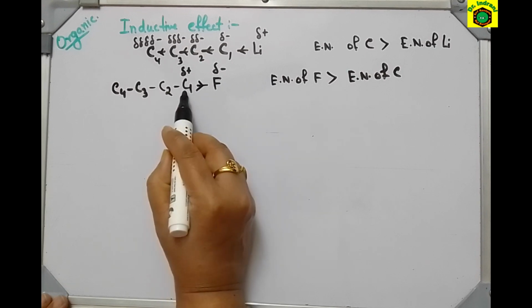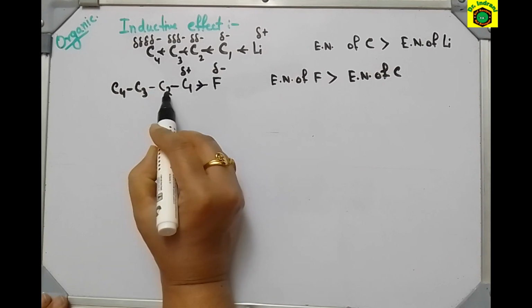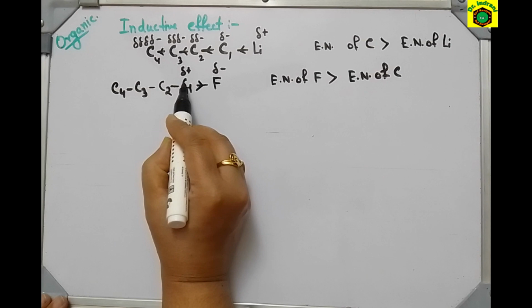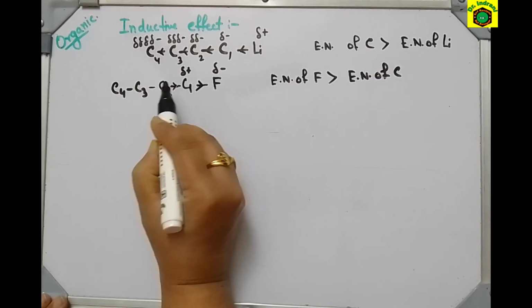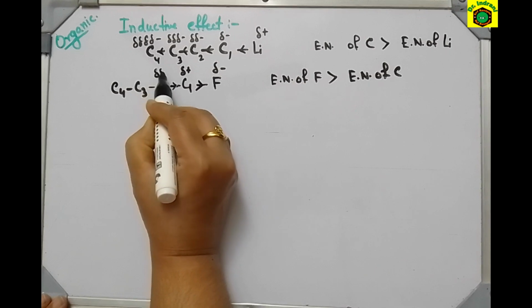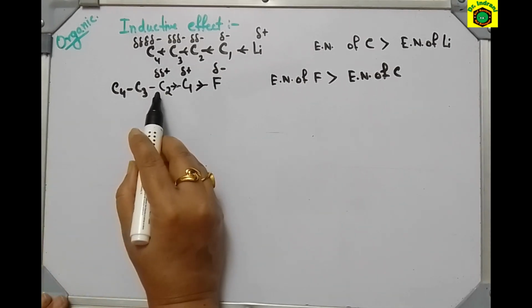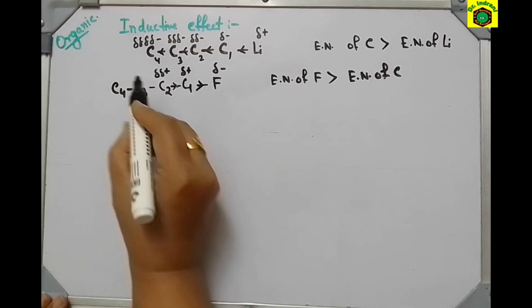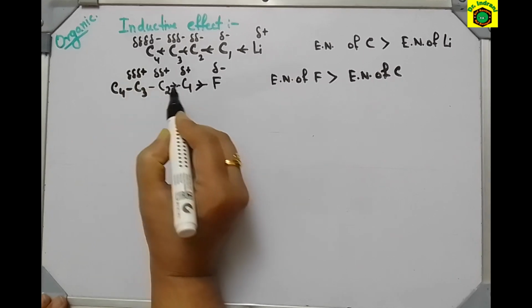Now since this carbon is becoming electron deficient, so what will happen? This shared pair of electron will be pulled towards this carbon. So this carbon will become slightly positive, this means it is having partially positive charge. Once again similarly this carbon will have this charge.